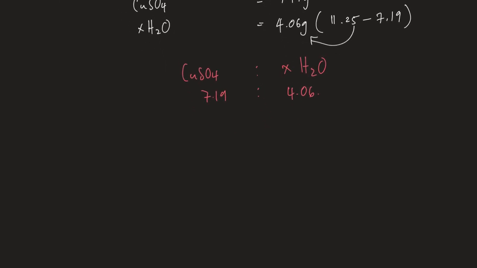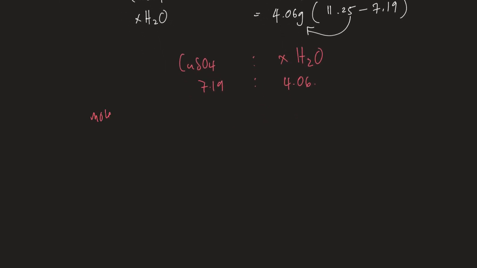Now I need my mole ratio. So I write n is equal to m over M here. I'm going to get 1 mark for it. I don't need to do it multiple times. So I'm going to go 7.19 over 63.5 plus 32 plus 16 times 4.